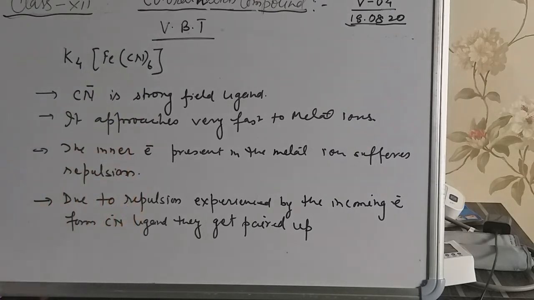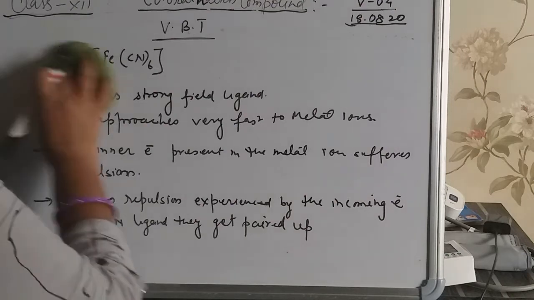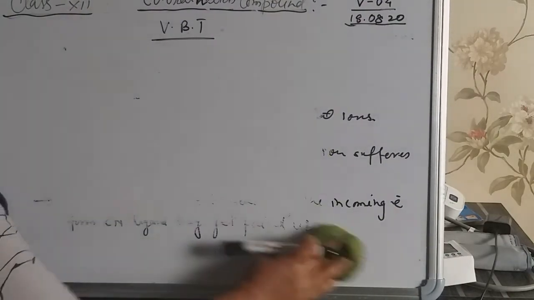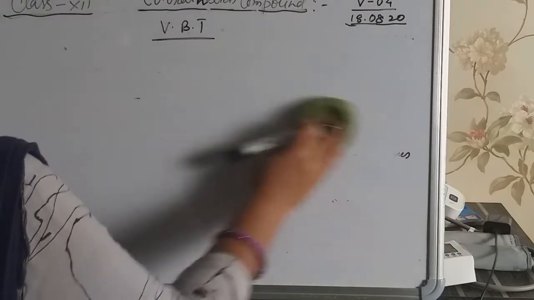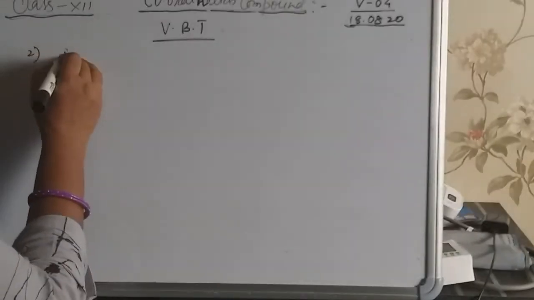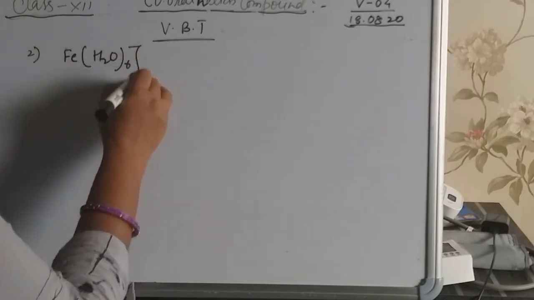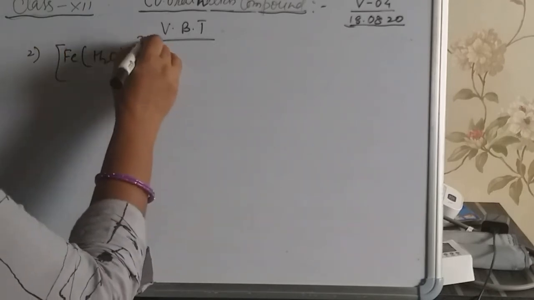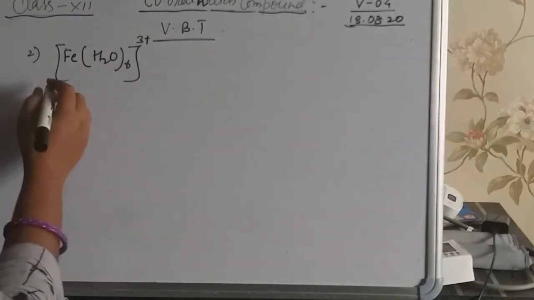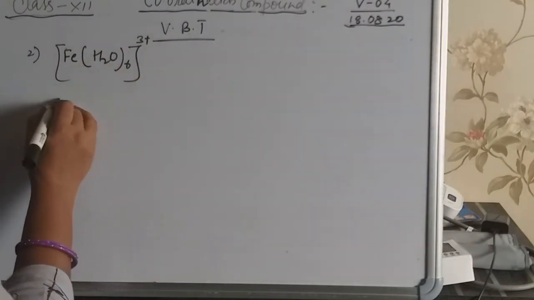Next example, we take a weak field ligand. Suppose the next example is [Fe(H2O)6]3+. Write down the configuration first.